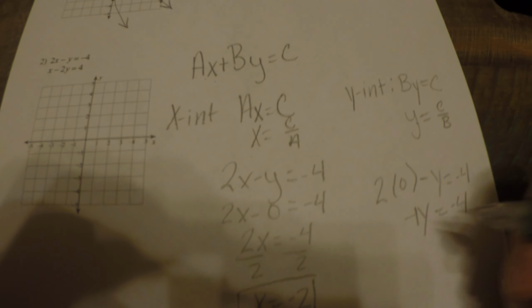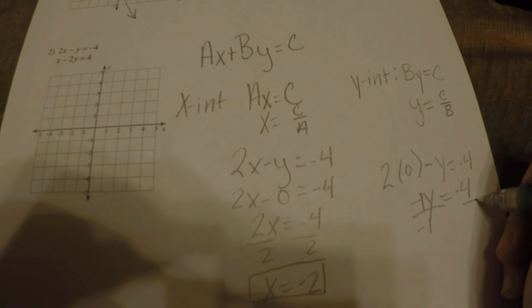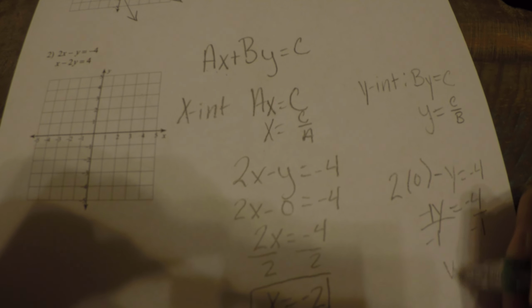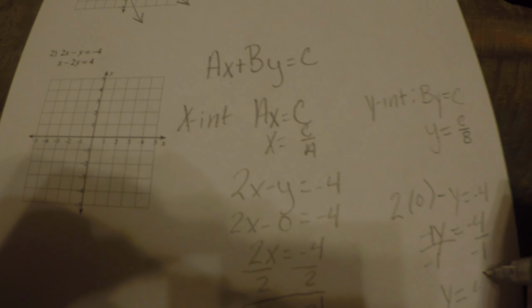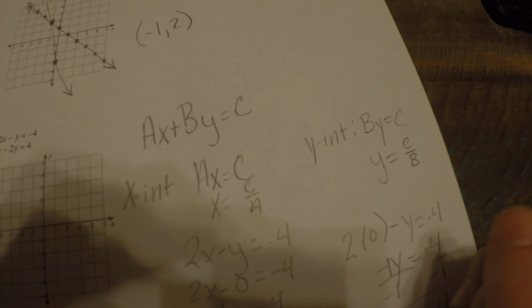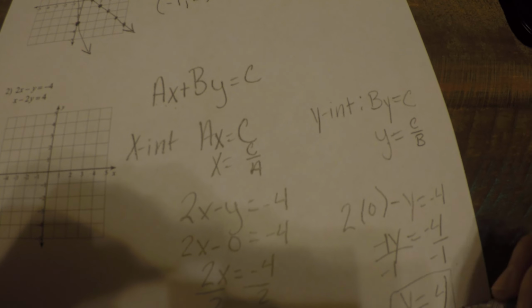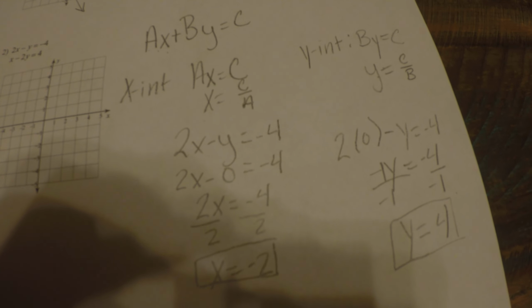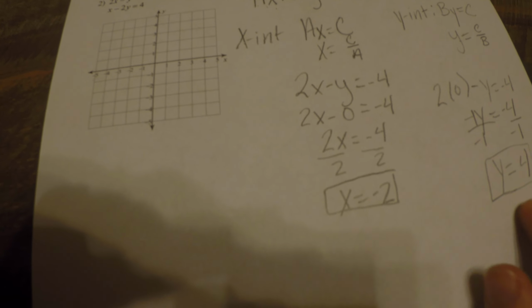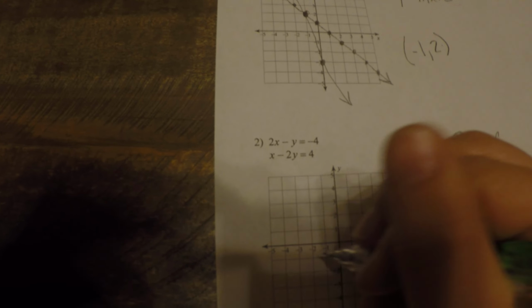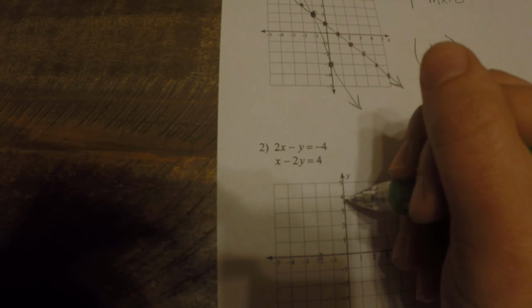So to get y by itself, I need to divide by -1. In this case, y equals 4. So on my y-axis, I'm going to have a y-intercept at 4. So I'm going to go to my graph now and plot these 2 points. X is -2 and y is 4. Now that I have these 2 points, I can graph.